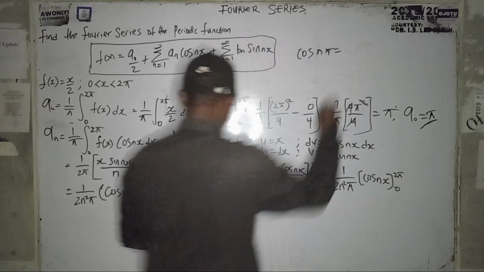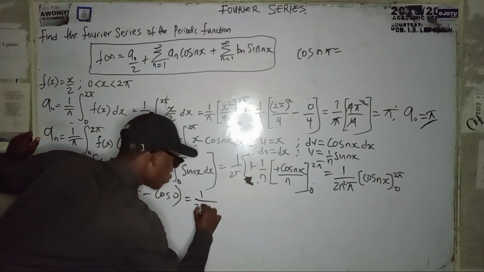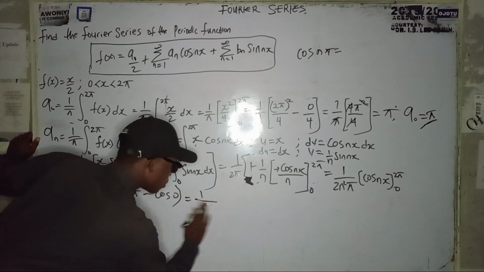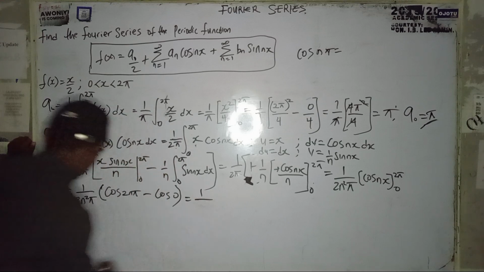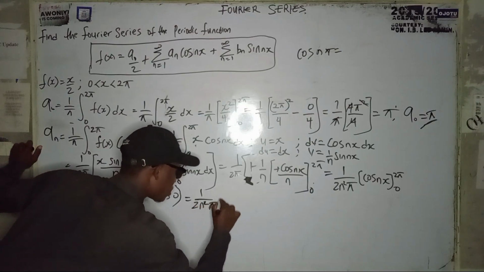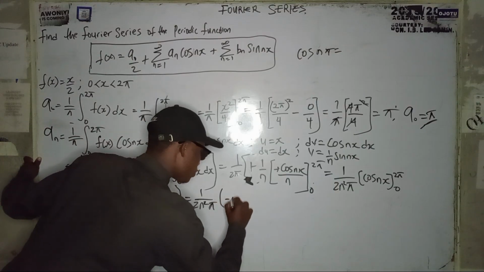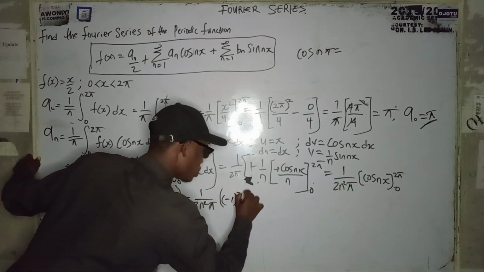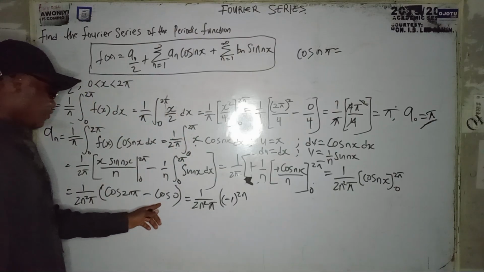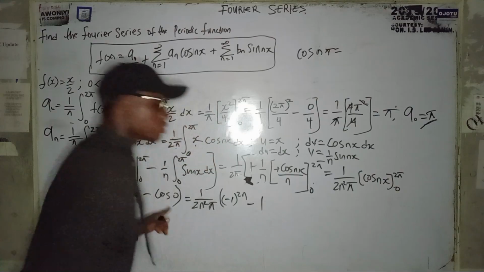So in this scenario, this will be equal to 1 over 2n squared pi. Then our bracket will be equal to minus 1 raised to power 2n. Then we have cos 0, which is equal to 1.